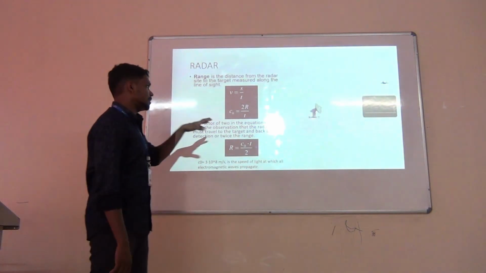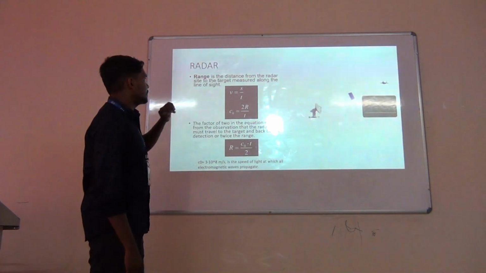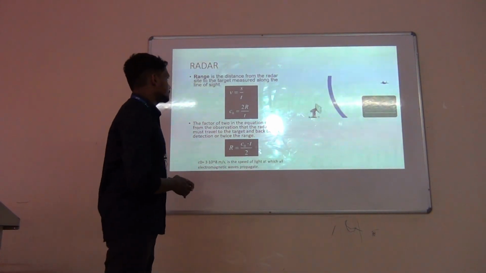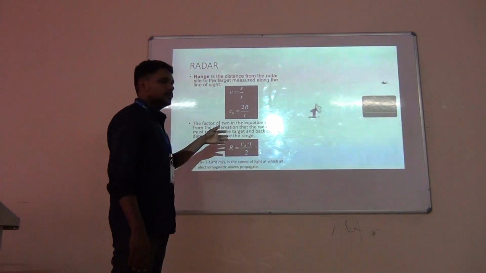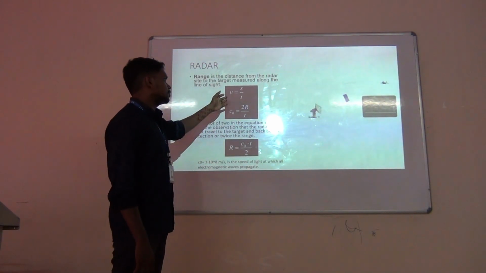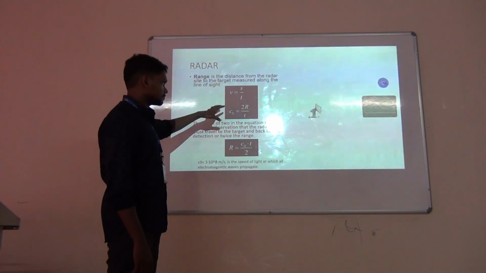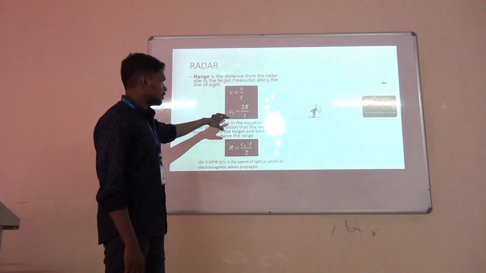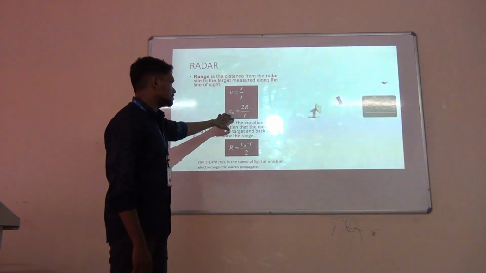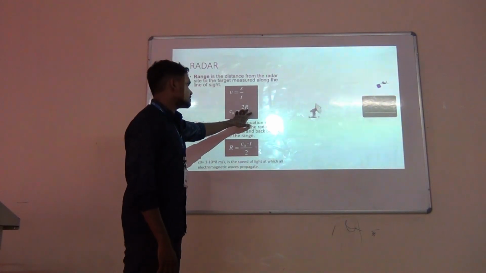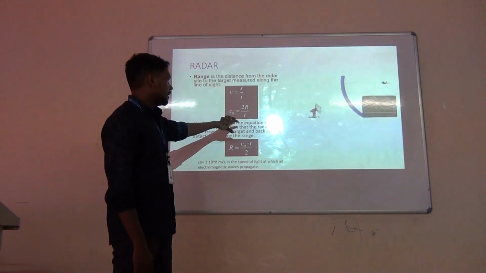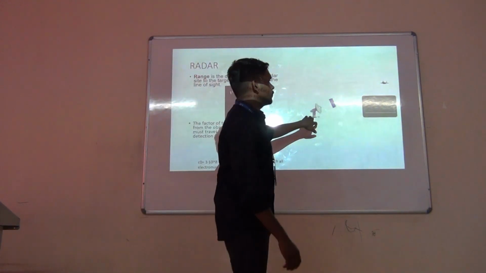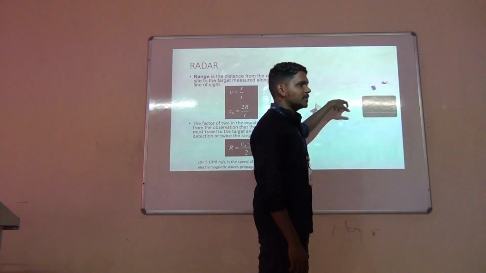Let's see the formulas. Range is the distance from the radar site to the target measured along the line of sight. As per the formula, velocity is equal to displacement per unit time. Since radio waves travel at the velocity of light, c0 is the speed of light, 2R is the distance traveled by the radio waves, and t is the time taken by the radar for sending and receiving the frequency.